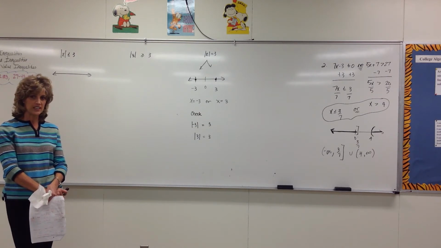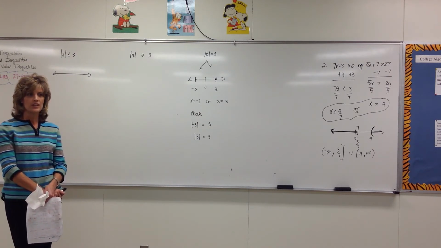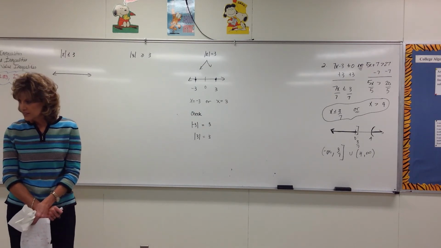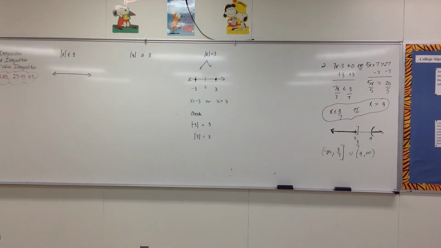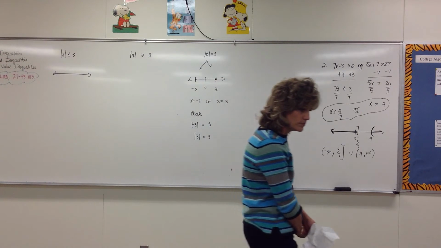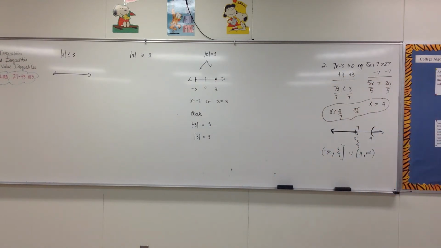Where could you be standing if you're walking the number line? If the distance from 0 is either exactly 3 or less than 3. And then shade your number line.